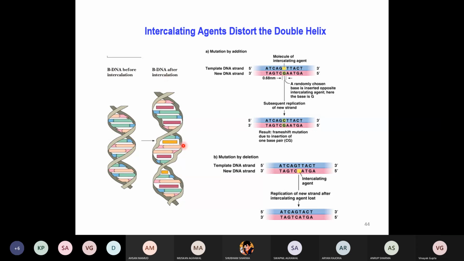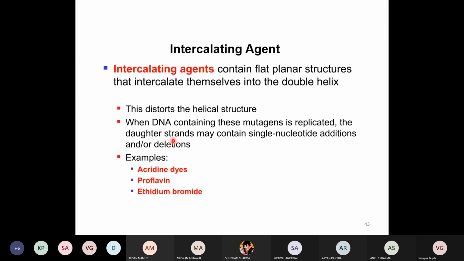Now, if you can see this yellow color, this is a planar intercalating agent. Once it is introduced into the double helix, this is called intercalating. It is intercalated, or stacked, between the nucleotides. After that, it is going to distort the nucleic acid structure. And what is the consequence of this?